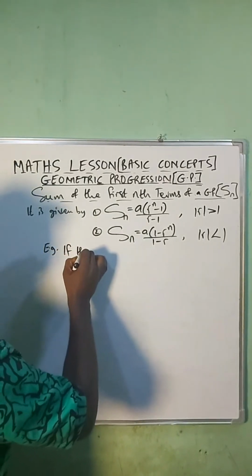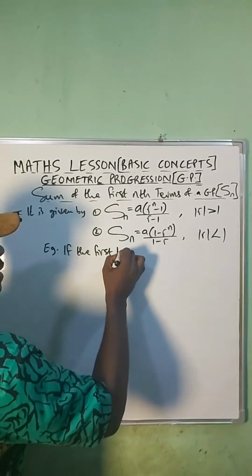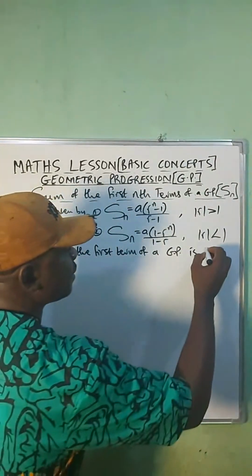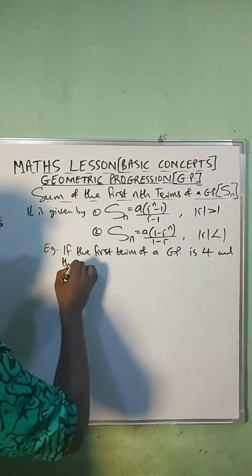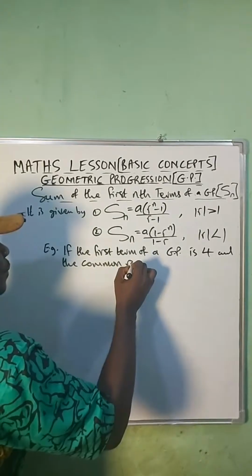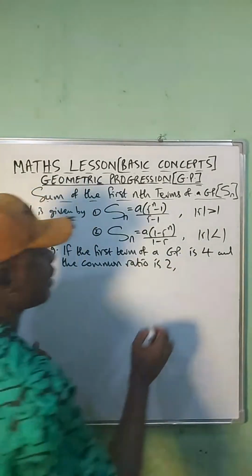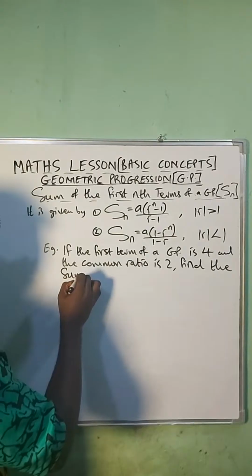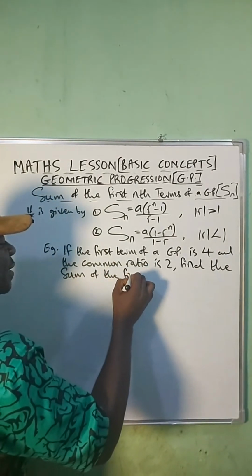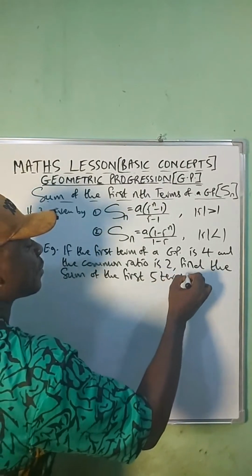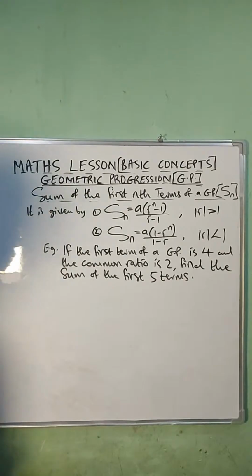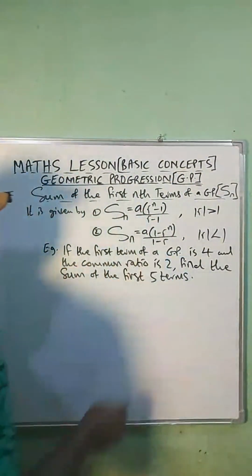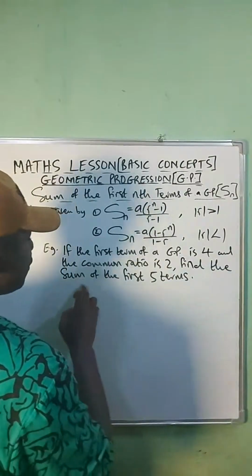E.g., if the first term of a GP is 4 and the common ratio is 2, find the sum of the first 5 terms.